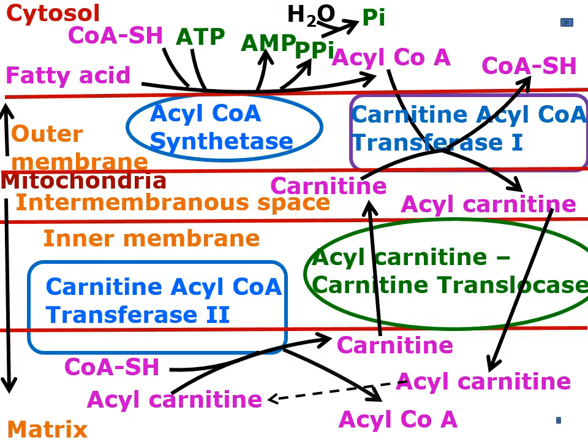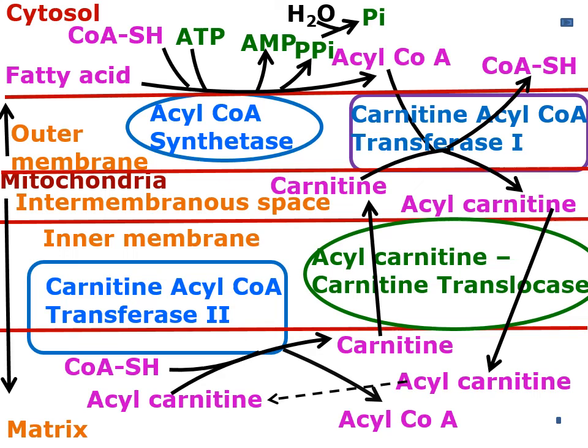The job of carnitine is to transport this acyl-CoA. Once formed, acyl-carnitine is translocated into the matrix of the mitochondria with the help of an enzyme called translocase, or to be specific, acyl-carnitine translocase, which is present in the inner membrane.